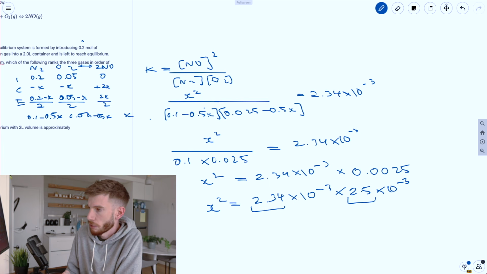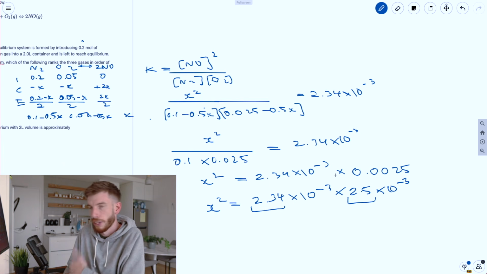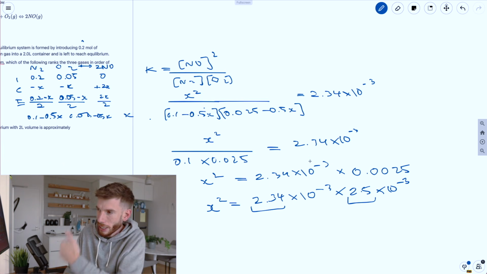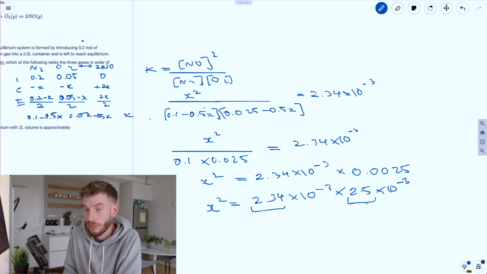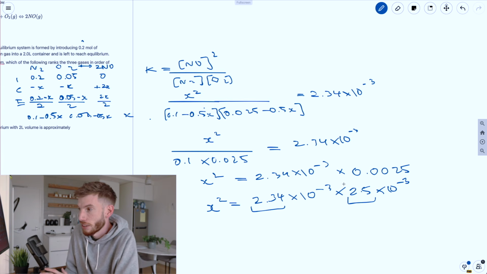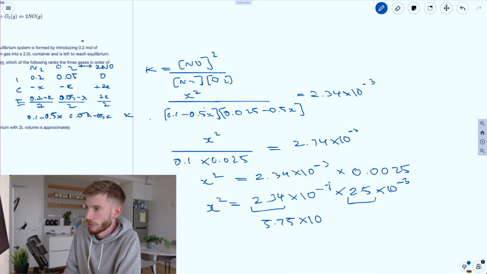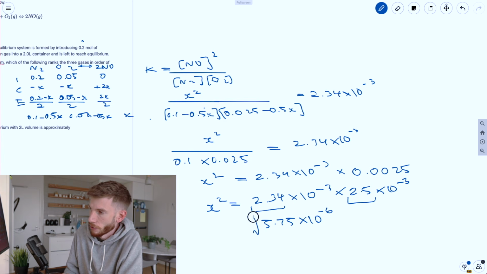It's like 2 and a bit times 2.5. 2 times 2.5 would be 5. For the 0.3 of it, 3 times 25 is 75, so I'd estimate 0.75. So 5.75. Then index laws on these two, 10 to the negative 3 times 10 to the negative 3, 10 to the negative 6. And then lastly, I've got to square root it to get x.